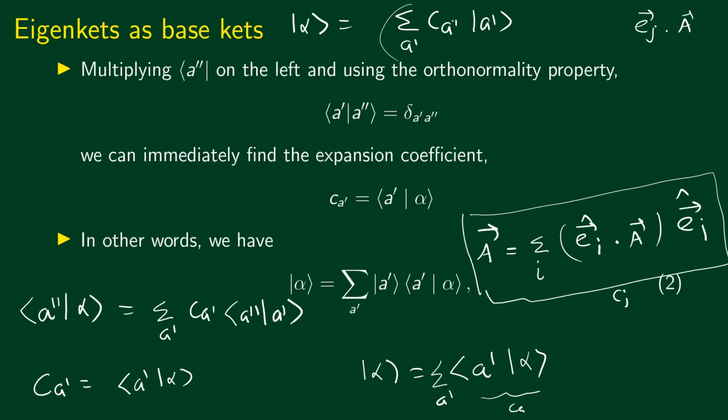Now we shall be careful, as we said earlier. The associativity does not apply here because this is a number. This is bra A prime ket alpha, so I'll write it carefully: bra A prime ket alpha multiplied by ket A prime.